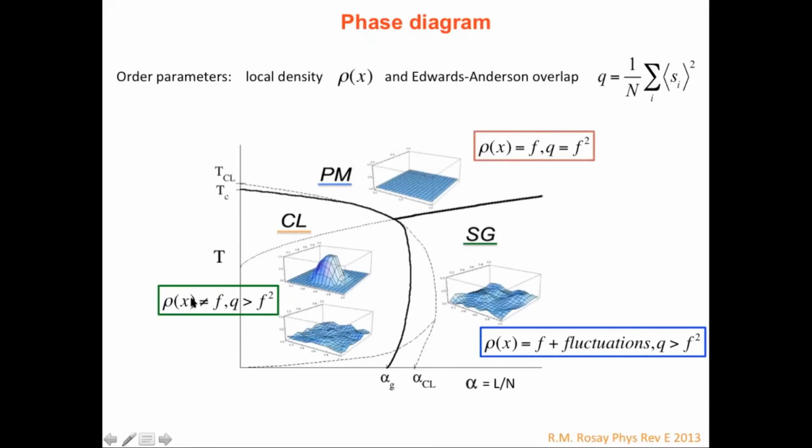And that corresponds to a rho of X, which is different from the average activity, so it depends on X, and Q, which is larger than X squared. So this is the bump memory state.